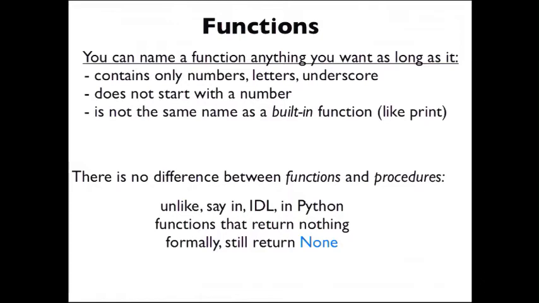When you don't return anything, the actual explicit return is something called None. If you want to return something, you will use a return statement, as we'll see. Any questions about naming, about arguments, about keywords?